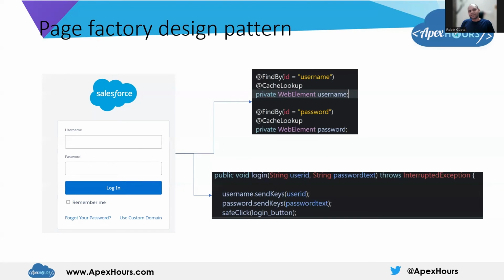Wouldn't it be tedious if we had to write the same locators and the same login method in 100 places? So based on the page factory design pattern, what we do is that we generally write it in one place and then reuse those same across our test cases for maximum reusability. Also, if some web element, some XPath, some variable changes, we change it in one place, and then the same value automatically gets changed across our code base so that our tests are more stable.